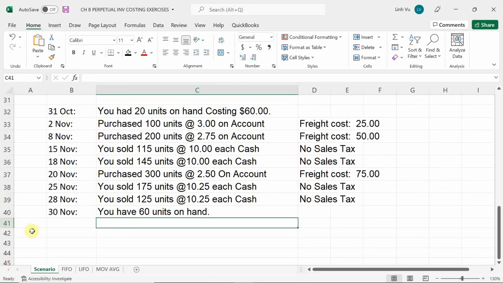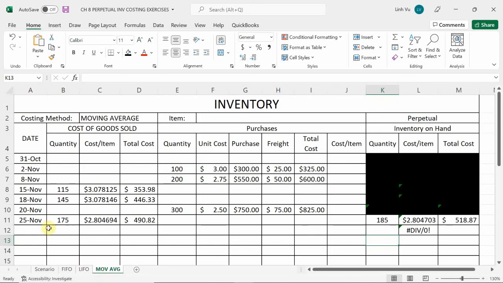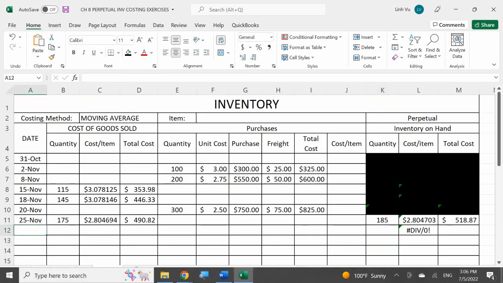Then on November 28th, I end up selling 125 units, leaving me 60 units on hand by the end of November.